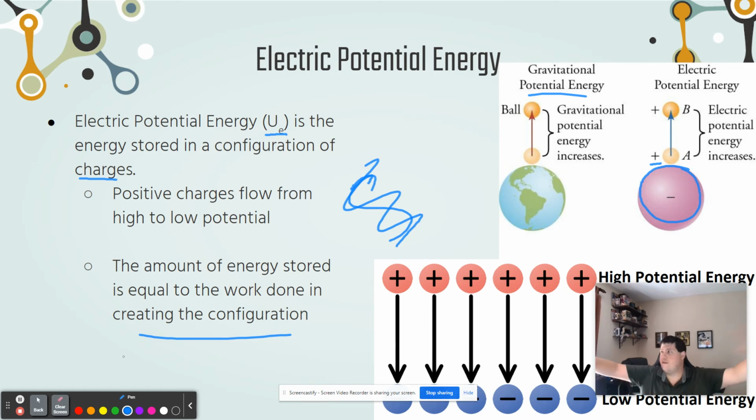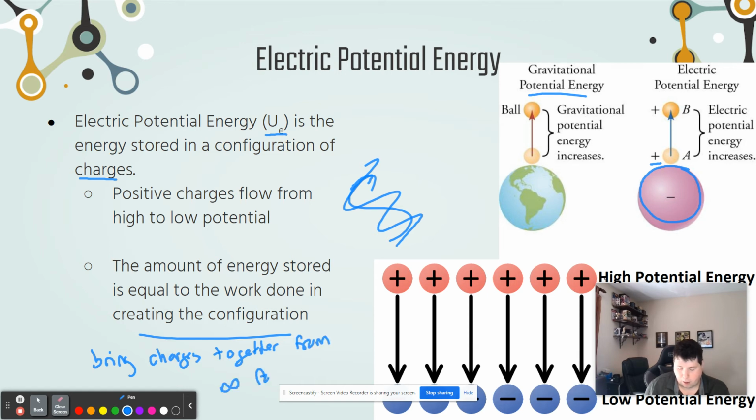If they are very far away, it is zero. And so by creating the configuration, we mean bringing charges together from infinitely far away. That's what we mean by bringing them together from a zero potential energy perspective.